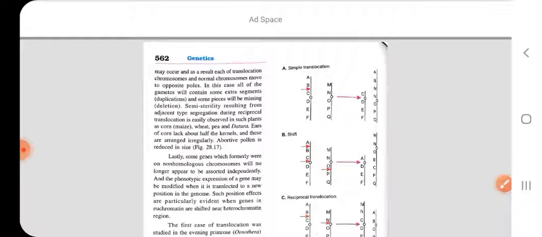There are also two types of reciprocal translocation: homozygous reciprocal translocation and heterozygous reciprocal translocation, and multiple translocation.